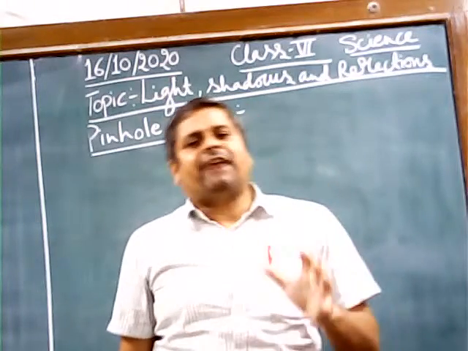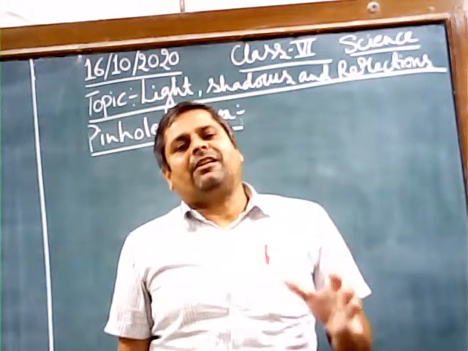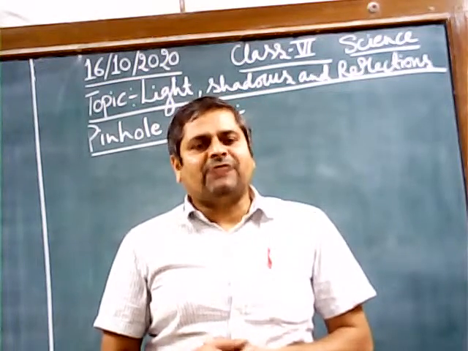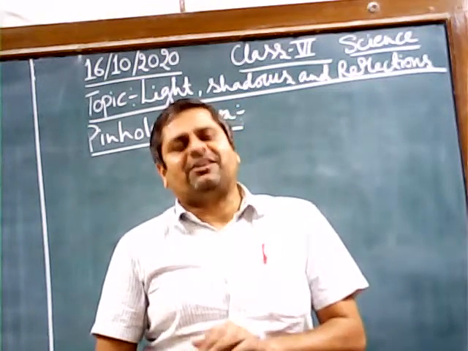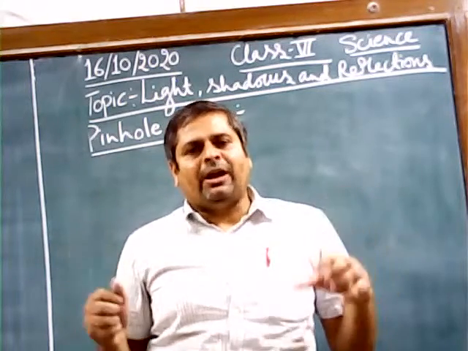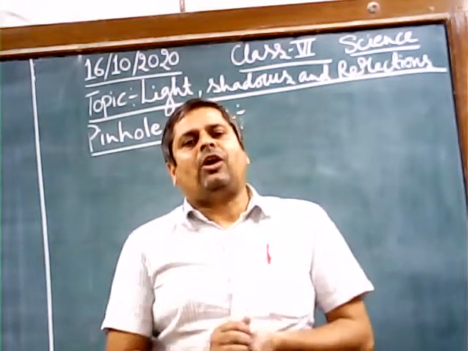Then, depending upon the ability of an object to emit light of its own, objects were classified as luminous objects and non-luminous objects. Such objects which have light of their own and emit it are called luminous objects.